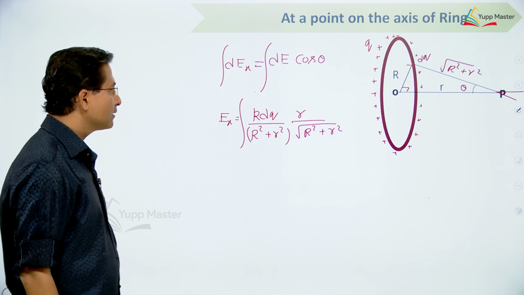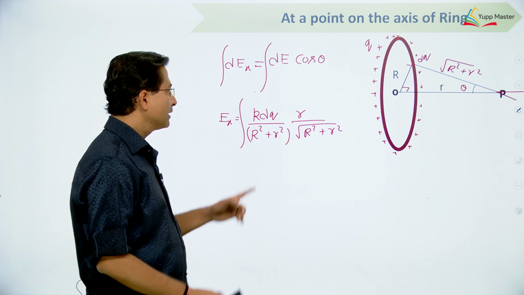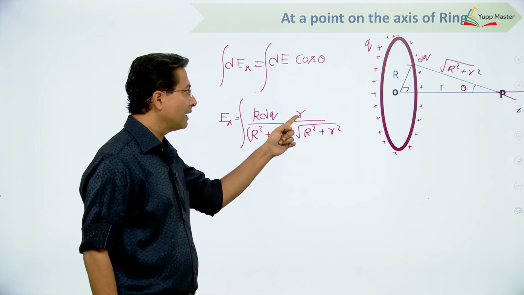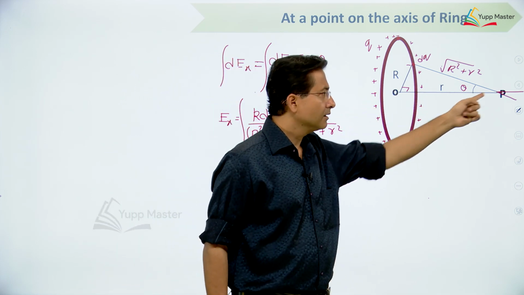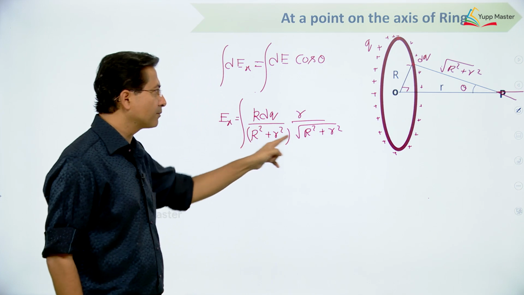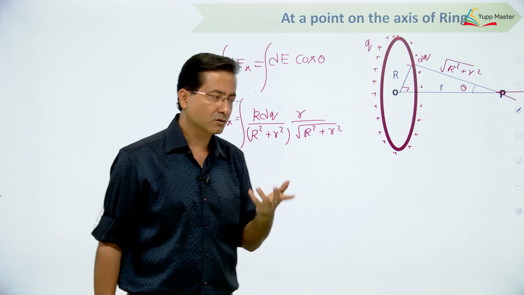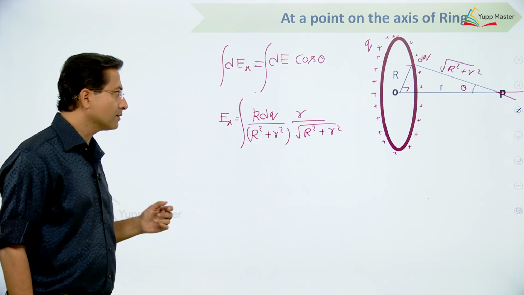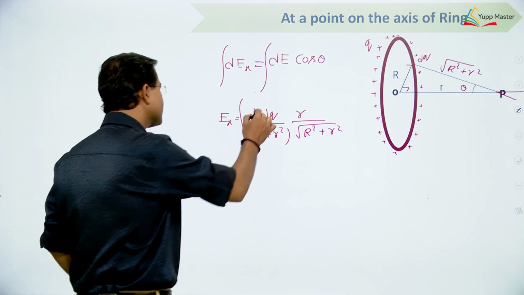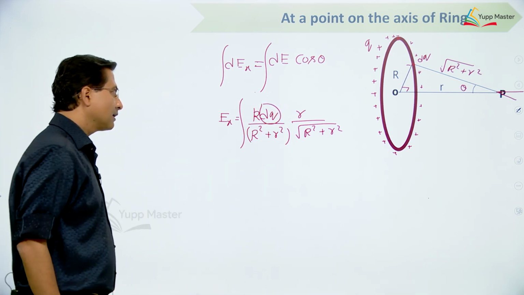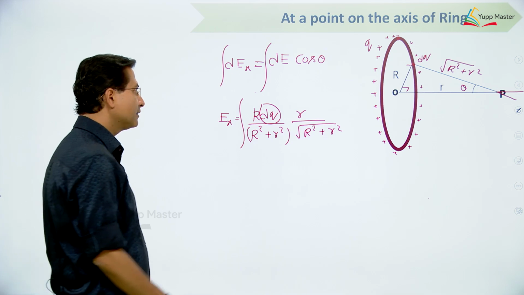Now look at all the terms involved. K is a constant, r is the fixed distance at which we want to find the field, so this r is constant, and capital R, the radius of the ring, is also constant. So all these terms are constant, the only variable is dq. That means I need to integrate the charge.